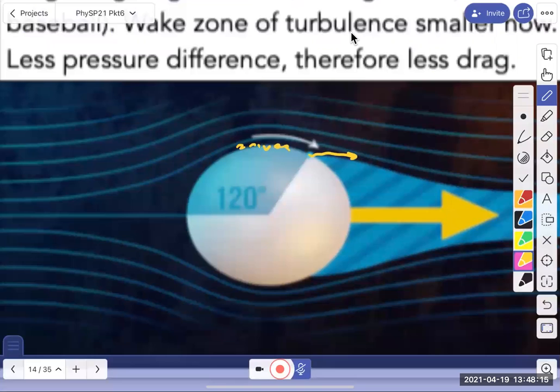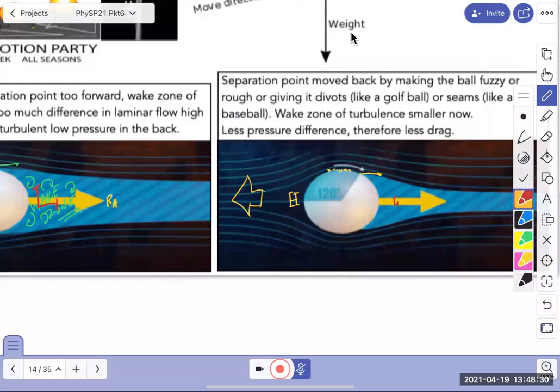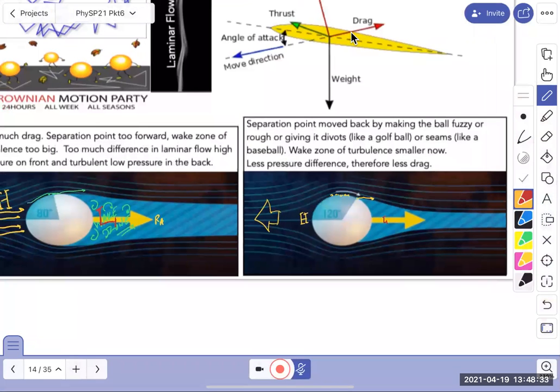This being, once again, the DOM, and so they hang around longer. You still have that high pressure up front, but you don't have as much of a wake zone behind it. So compare the two wake zones. The low pressure wake zone is less effective, and therefore this is less drag.